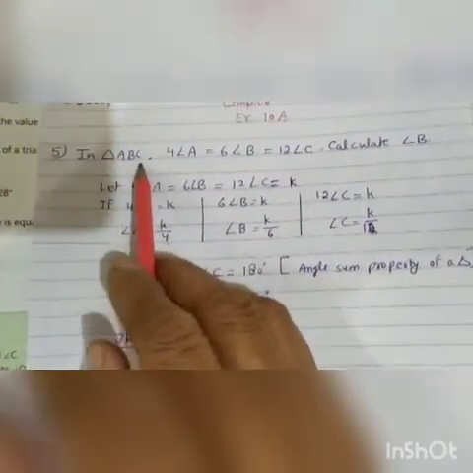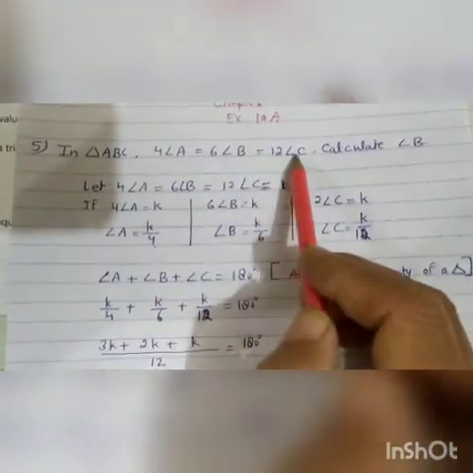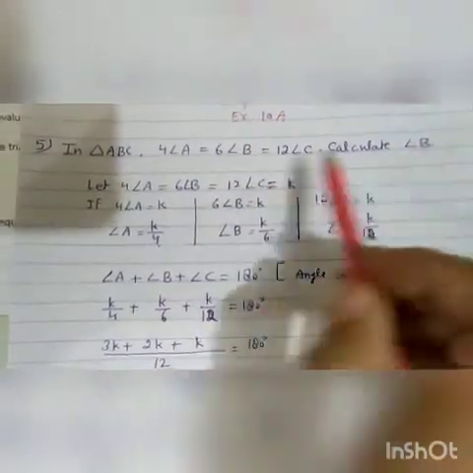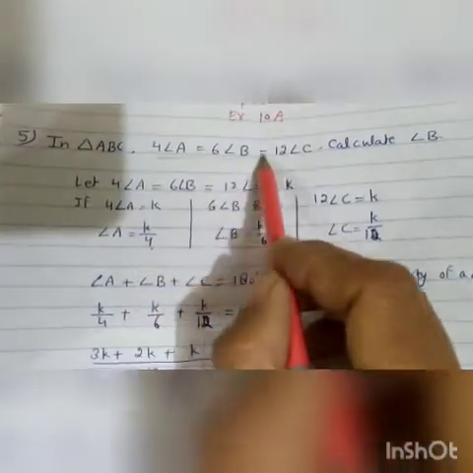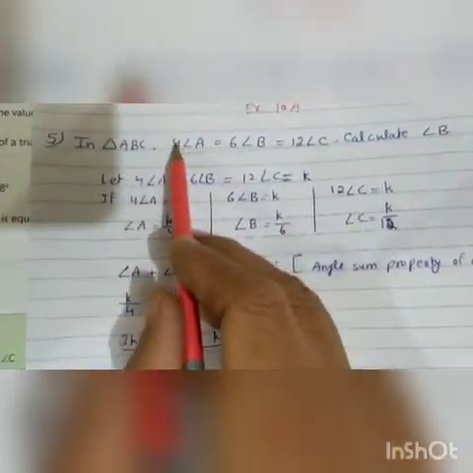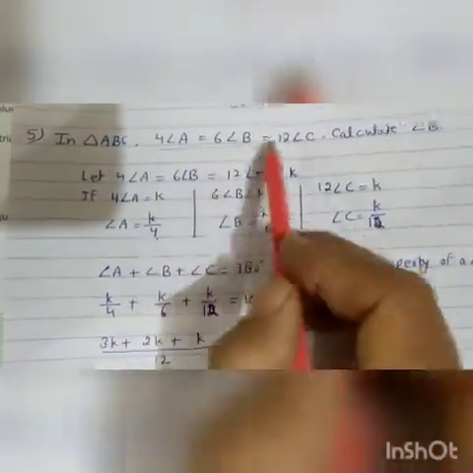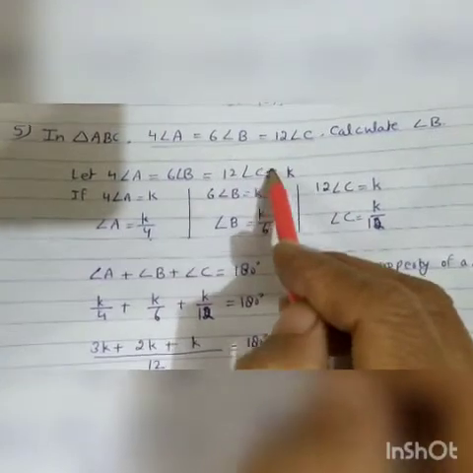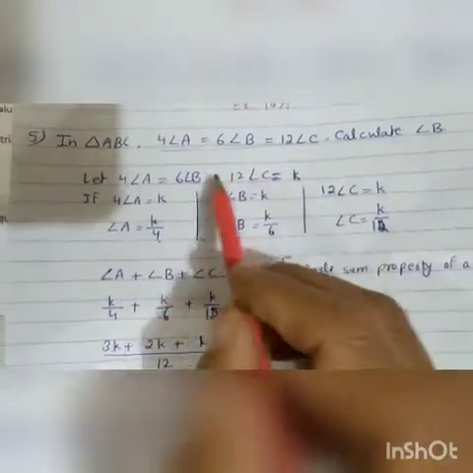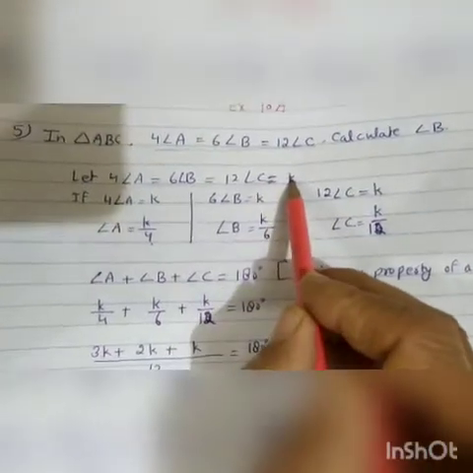Students, we will take all these 3 values. Let 4 angle A equal 6 angle B equal 12 angle C is equal K. We have taken that all these 3 values are equal to K.